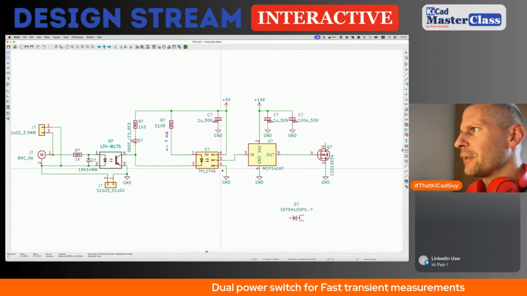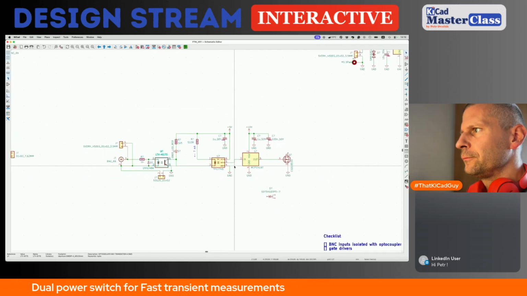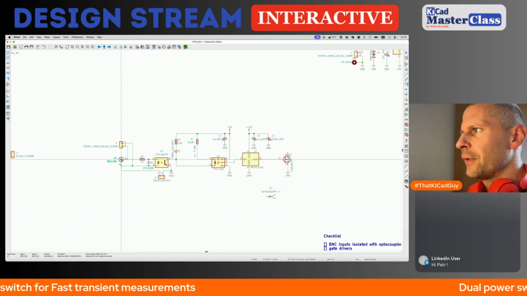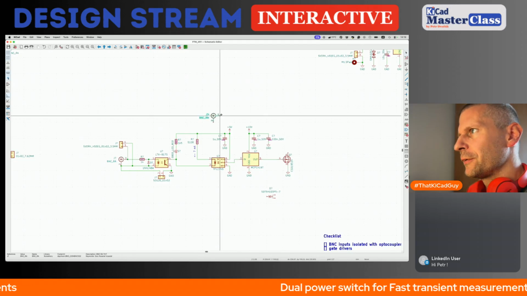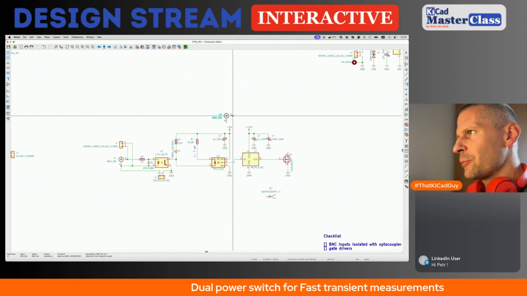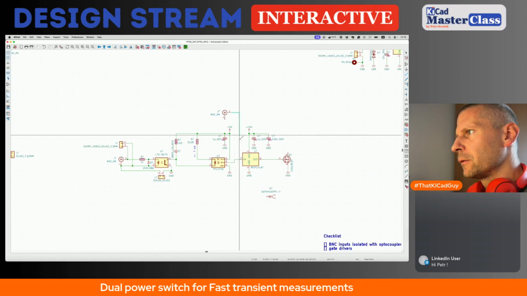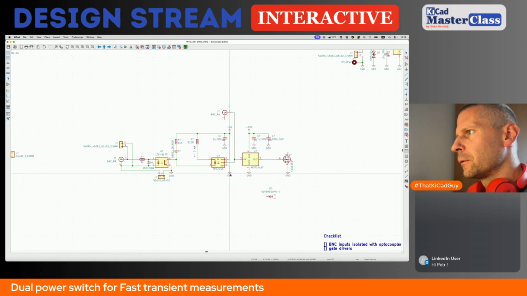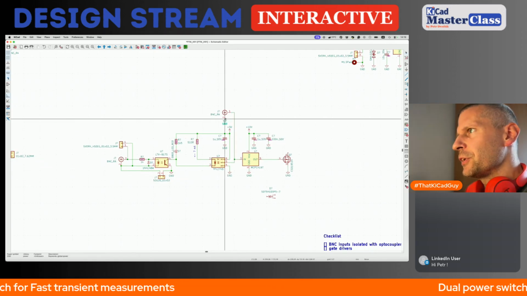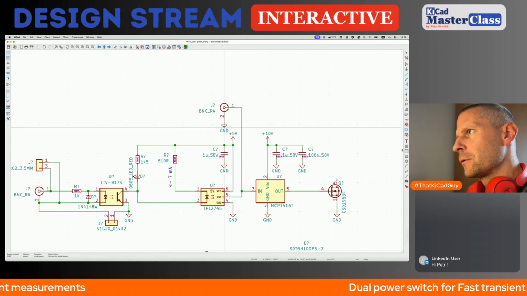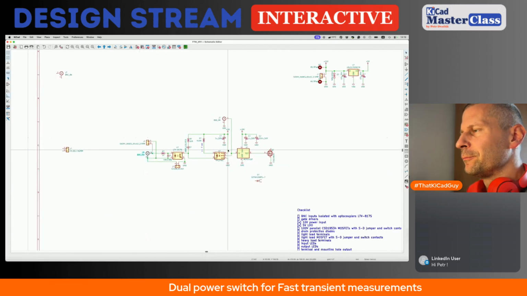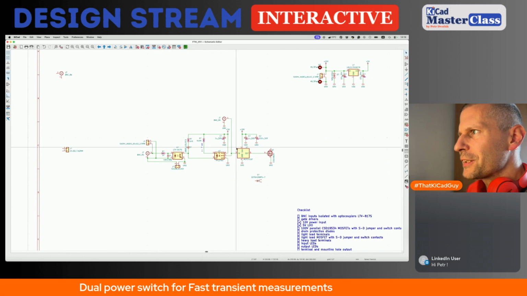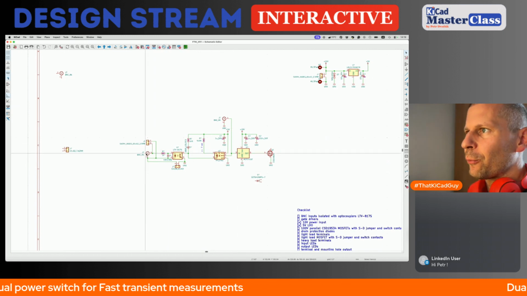Yeah, and definitely I want to be able to measure the signal here as well, because this is my signal. The switching edge here from the generator will be, or this edge will be delayed from this edge.